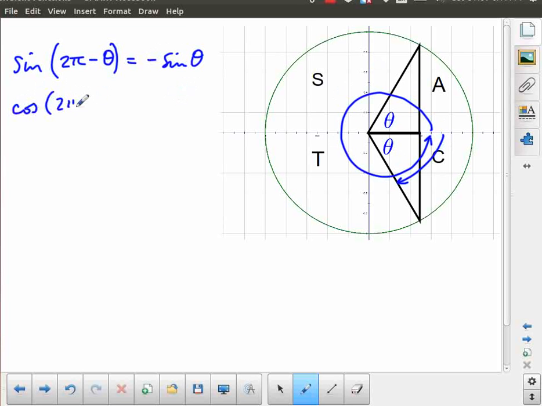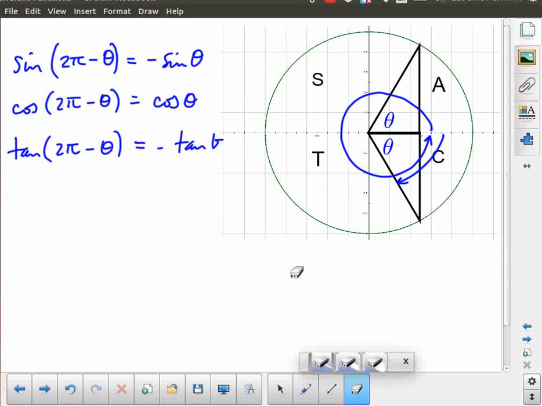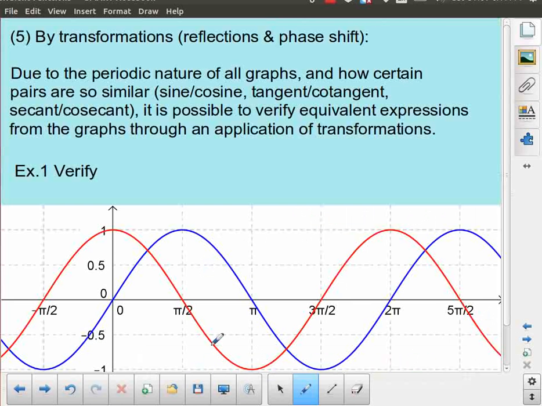Cosine of 2 pi minus theta is going to be, because of the CAST rule, positive cosine of theta, and tangent of 2 pi minus theta is going to be, because of the CAST rule, negative tangent of theta, of the related acute angle. So a bunch of equivalent expressions there.